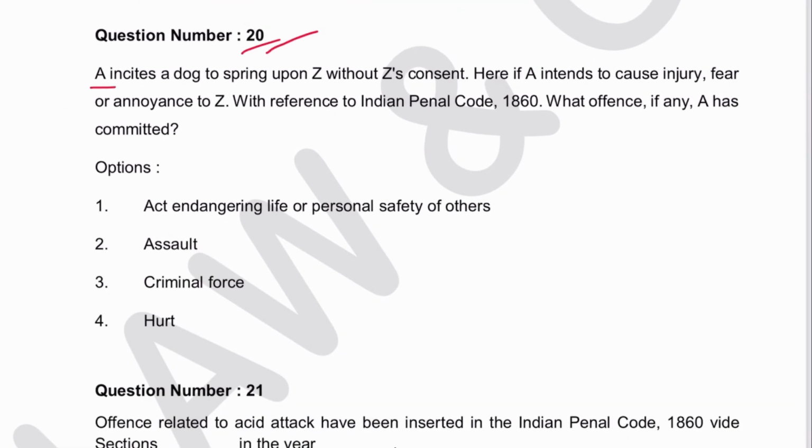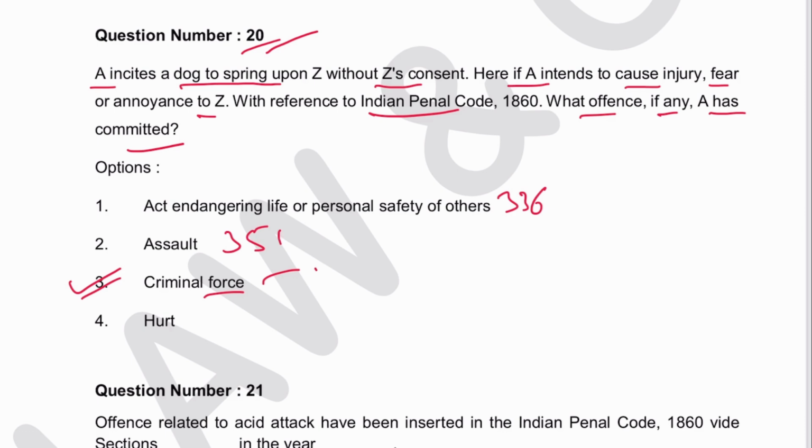Next is 20. A incites a dog to spring upon Z without Z's consent. Here, if A intends to cause injury, fear, or annoyance to Z, with reference to IPC, what offense, if any, has A committed? This is use of criminal force. So 3 is the answer. Act endangering life or personal safety of others is section 336.